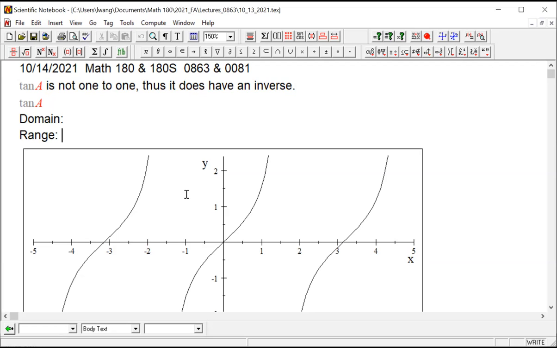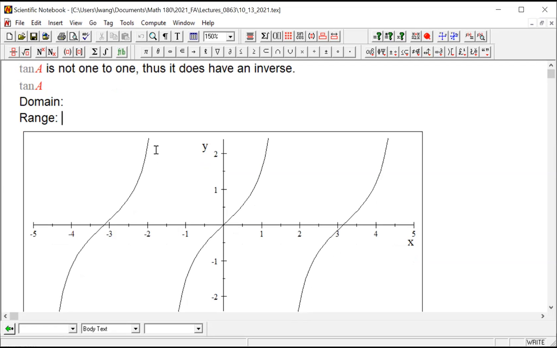As you're thinking about the domain and range, we look at these pieces. Obviously, the entire tangent curve is broken into pieces, slices. Slice 1, slice 2, slice 3, and there are an infinite number of such slices.